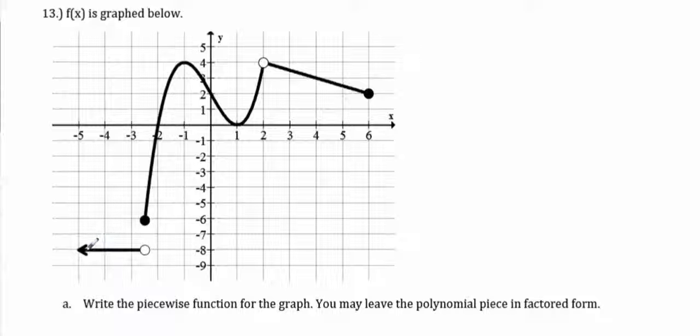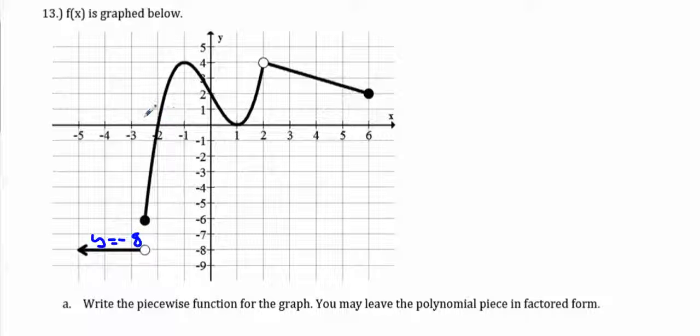Right here we have a horizontal line, so that is a constant. That is going to be y equals negative 8. Now right here we have a cubic function, but let's just write what the factors are.